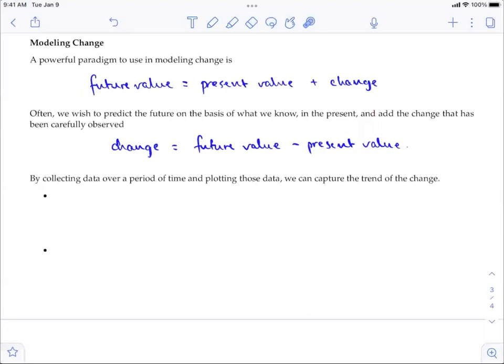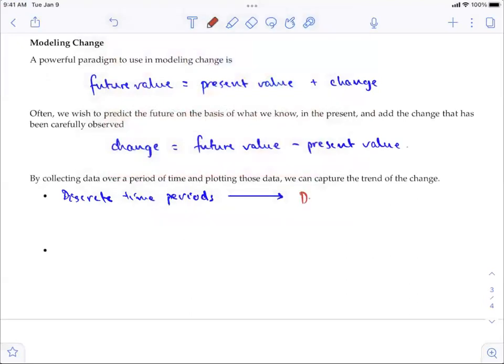There are two basic models that we're going to look at. The first one is the discrete time period, and we're going to use something called difference equations to model it.